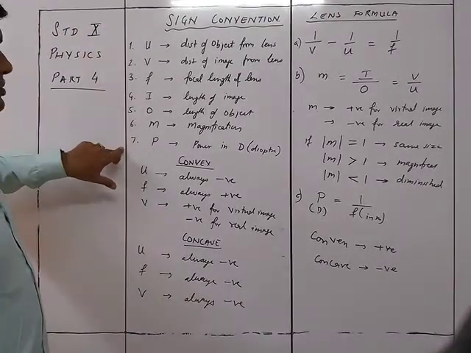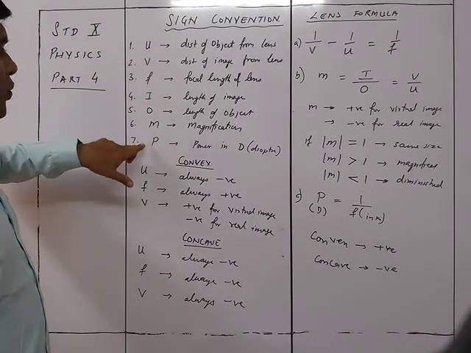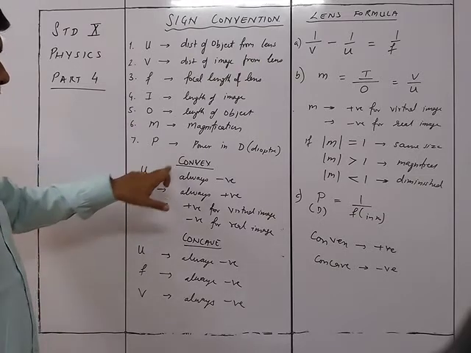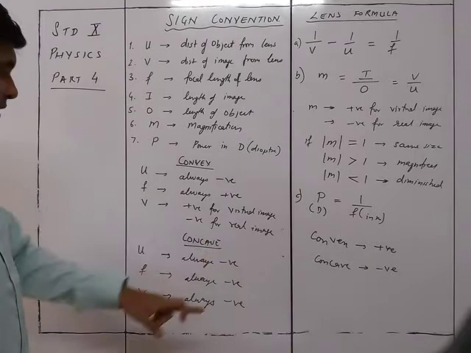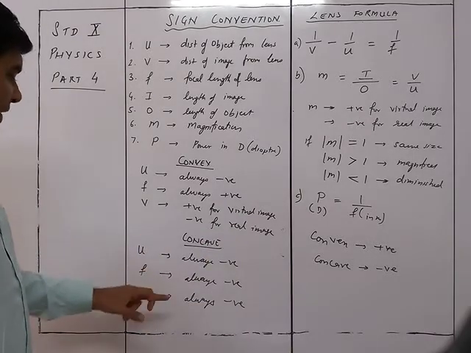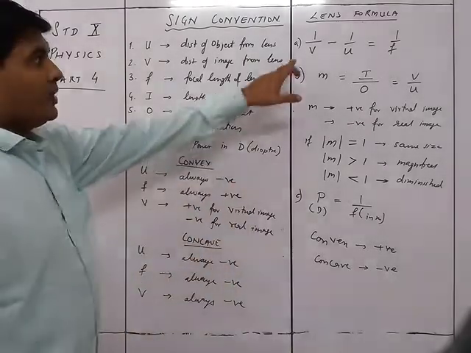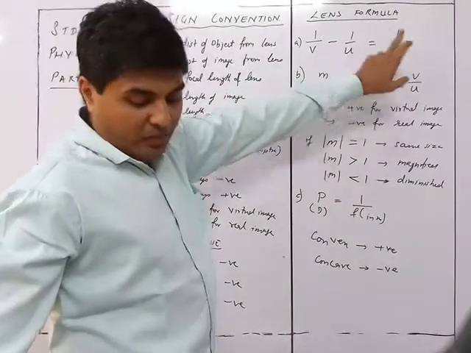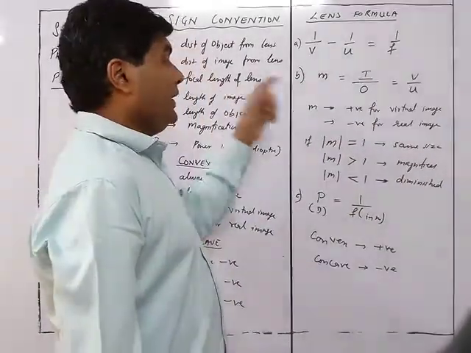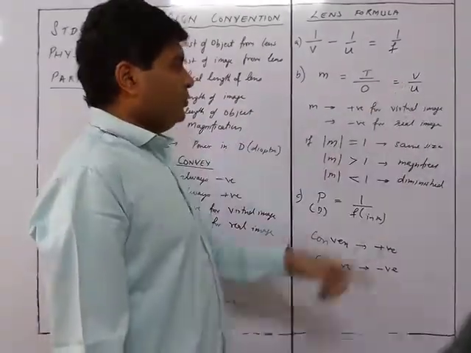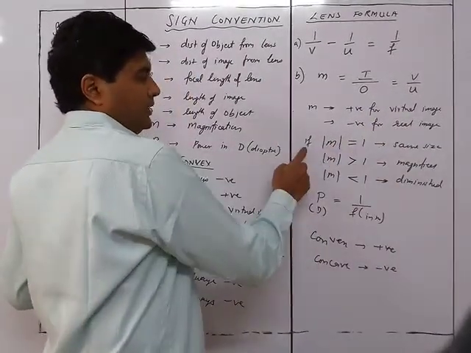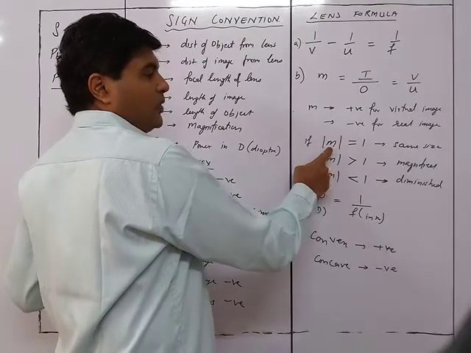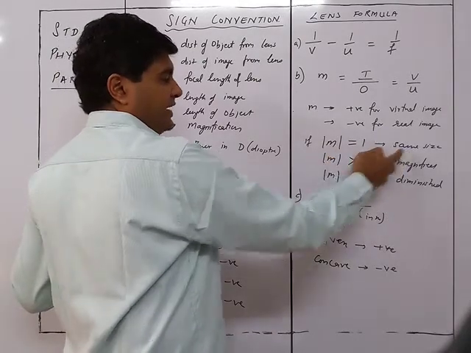These are the terms U, V, F, I, O, M and P. Convex: U negative, F positive, V positive for virtual, negative for real. Concave: U negative, F negative, V negative. Formula: 1 upon V minus 1 upon U equals 1 upon F. M is equal to I upon O or V upon U. M will be positive for virtual image, negative for real image. Absolute value of M equal to 1 is the same size.